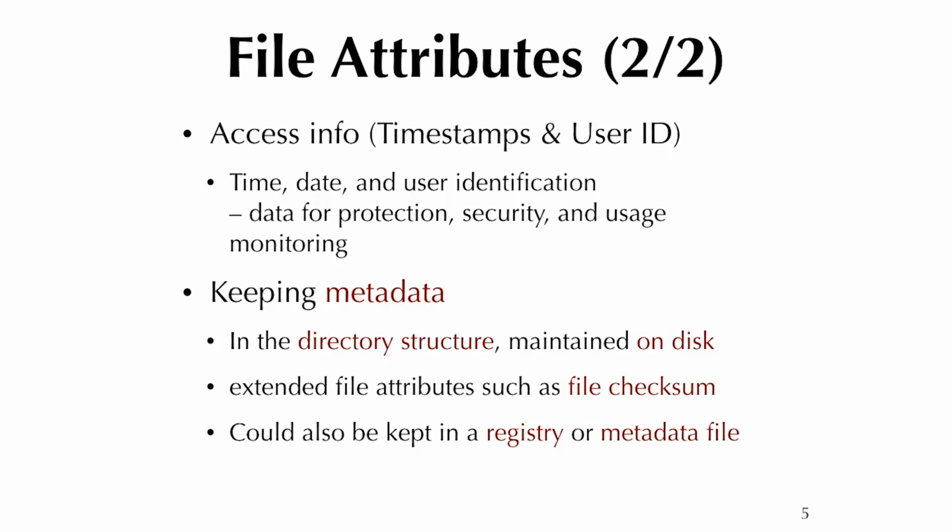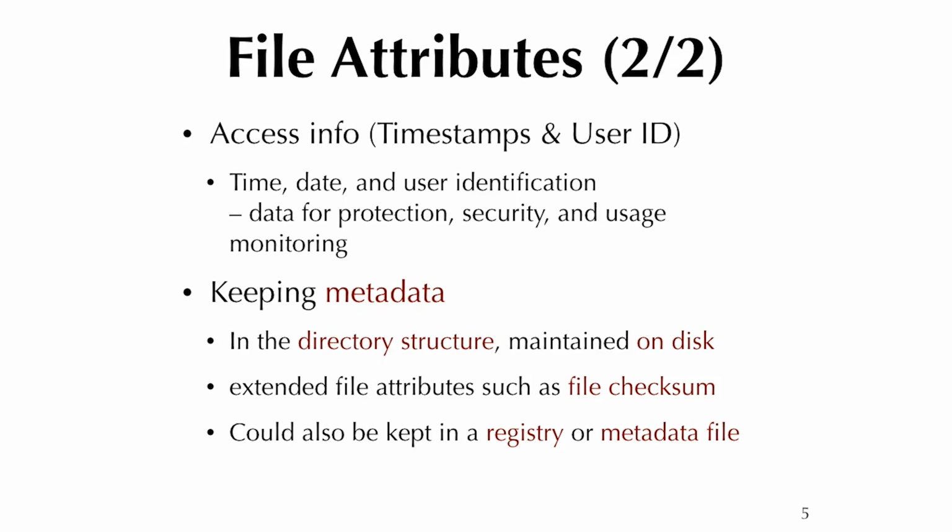Now, in addition to this, there are attributes on access information, for example the timestamps and user ID. In fact, there's more than one timestamp, right? So that could be time created, time last read, time last modified, time added, and all that. And user ID would be data for protection, security, maybe even usage monitoring and accounting.